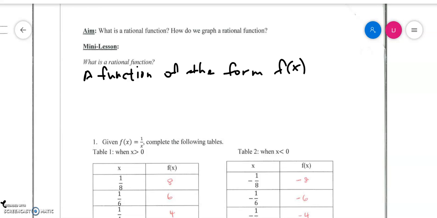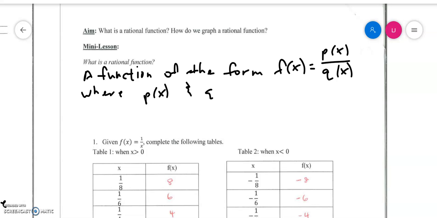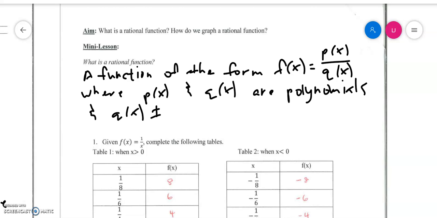f of x equals p of x over q of x. So before we had p over q where they were integers, now we have p of x over q of x, where p of x and q of x are polynomials, and q of x does not equal 0.